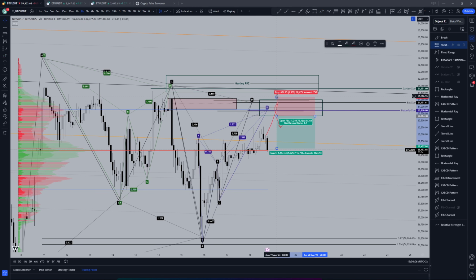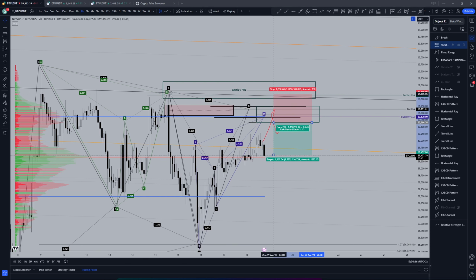The reason for that is that we can improve the risk to reward. Let's say you put your stop loss right over here, right above this wick, where your stop loss is inside of a new Gartley PRZ. So the play isn't actually invalid if this were to hit.